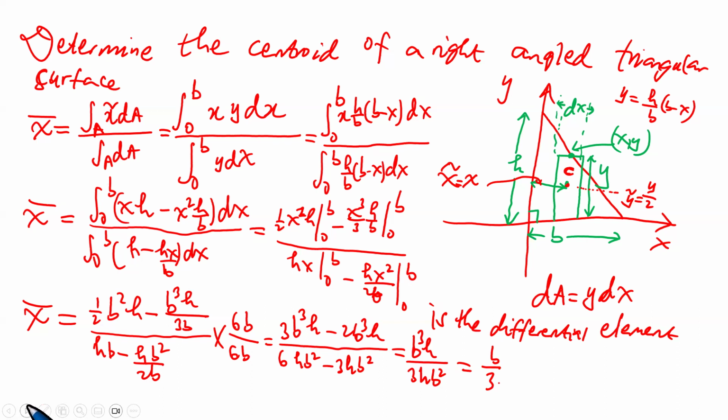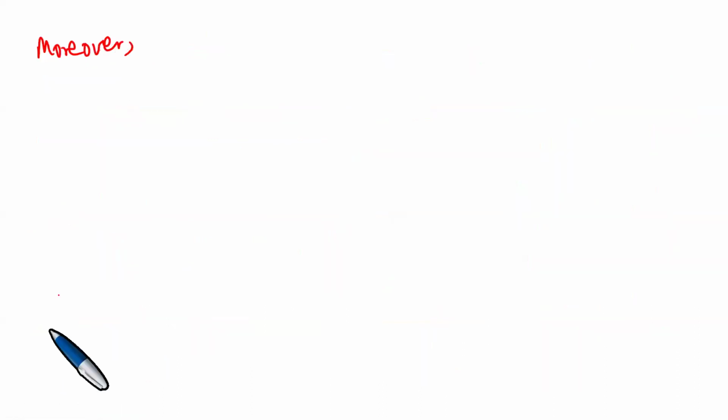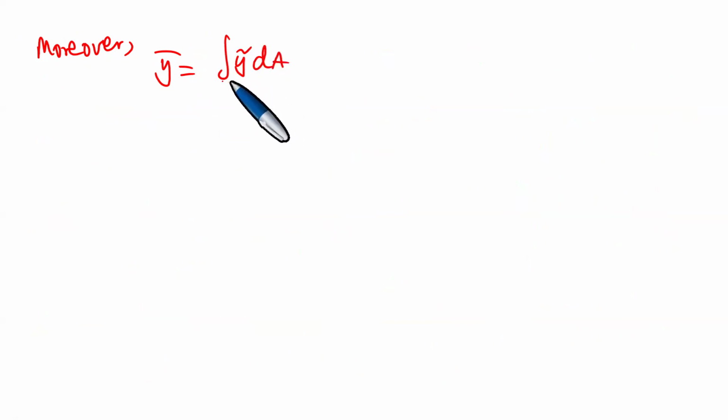Now, doing the y, we continue as follows. y bar would be the integral of y tilde dA over A, the integral of dA.